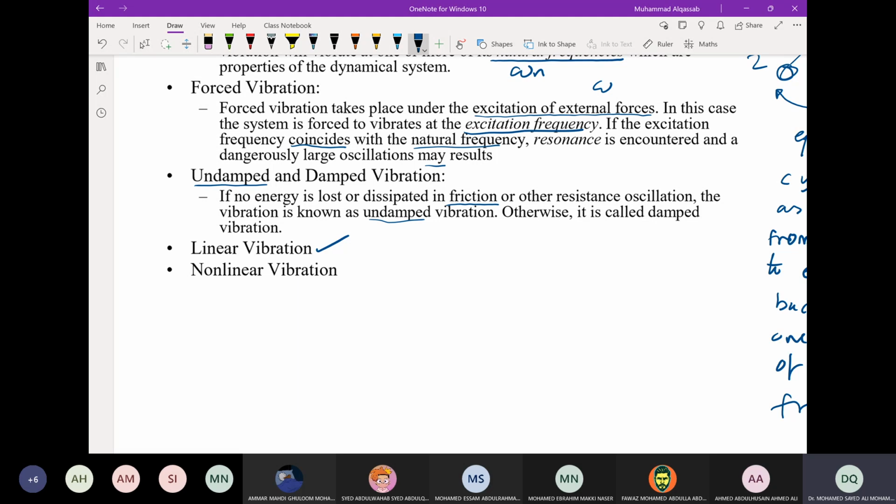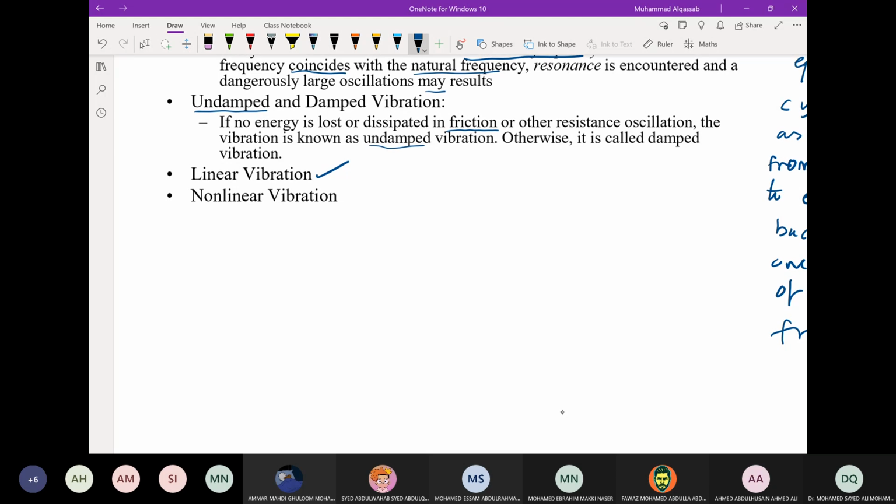Okay, linear vibration. A system is called linear when the differential equation or equation of motion contains linear terms. So the pendulum is a nonlinear vibration. Why?